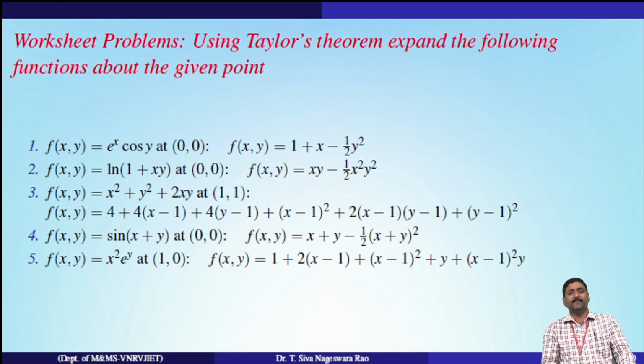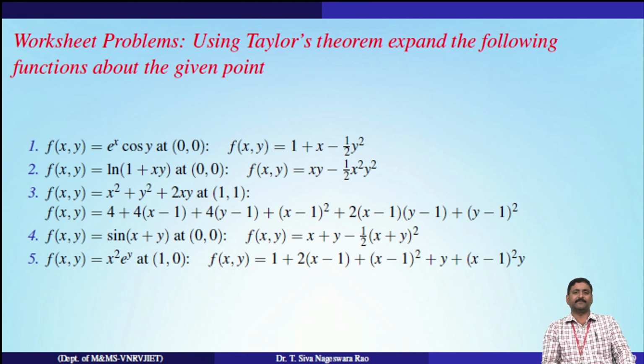Then only we can say f of x comma y is a homogeneous function of degree n. Later, we will verify Euler's theorem. For a function involving two independent variables x comma y, the statement is x multiplied by dou f by dou x plus y multiplied by dou f by dou y is equal to n multiplied by f, where f is f of x comma y.